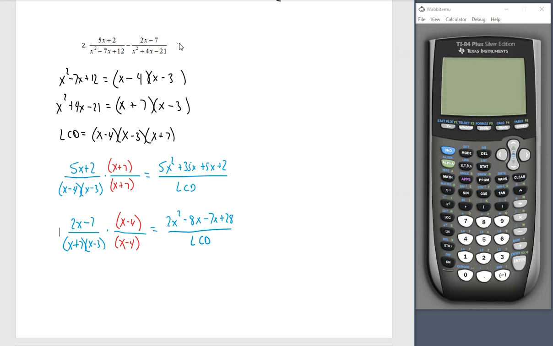Now when I write these up here, I'm actually going to combine my x terms. So I will have 5x squared plus 40x plus 2 all over the LCD plus 2x squared minus 15x plus 28 all over the LCD.